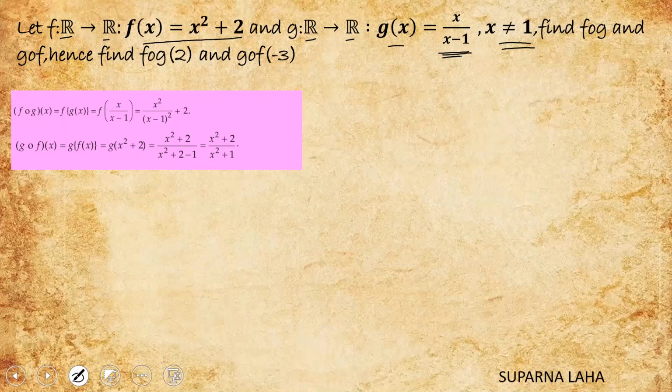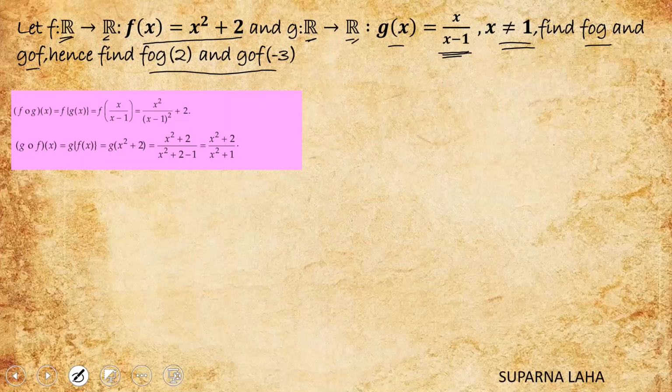So x can never be 1. So find f∘g and g∘f. Now here you can check the domain and range. From the range and domain of f and g, we can say this f∘g and g∘f both exist, since we already discussed it previously.